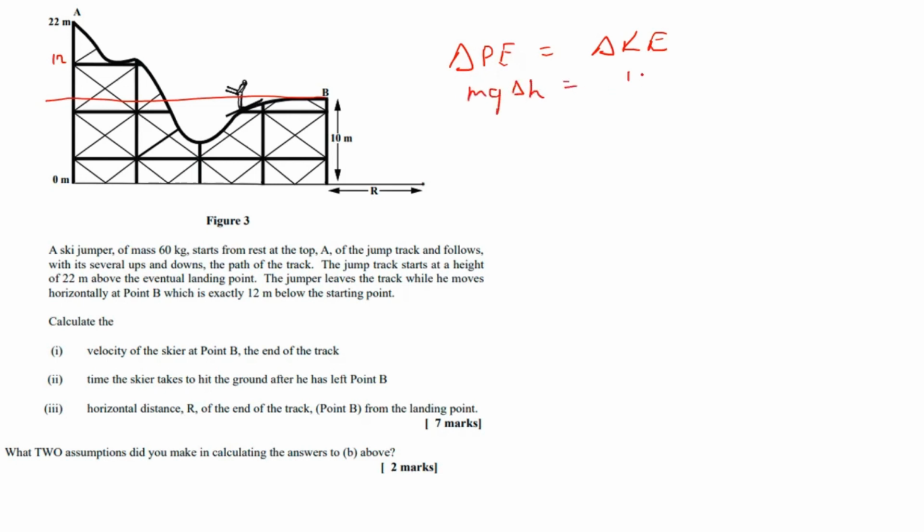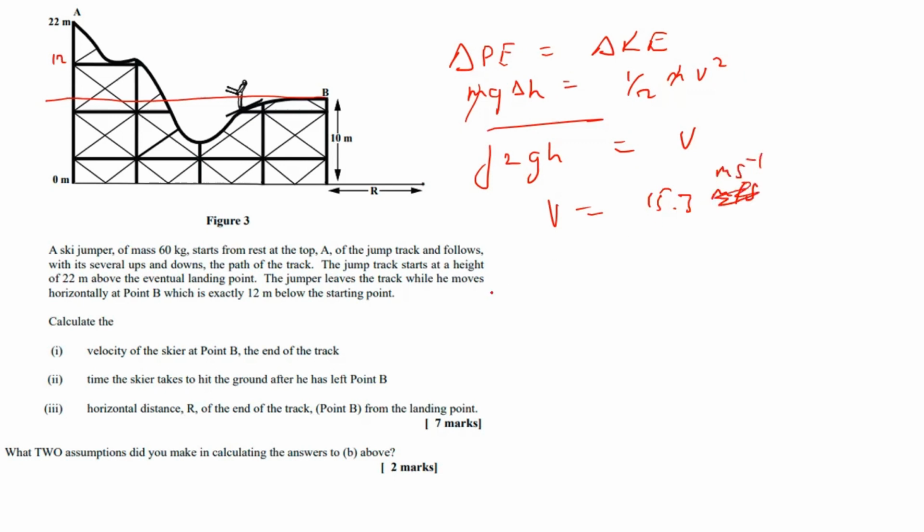Change in gravitational potential energy equals change in kinetic energy. The m's cancel out, so we can restructure the equation to v equals the square root of 2gh. Finding the square root gives 15.3 meters per second.